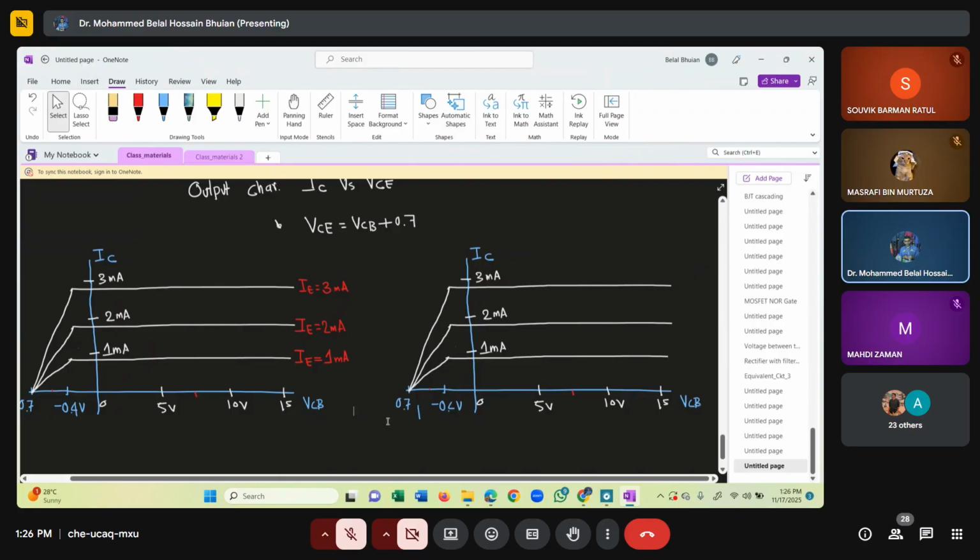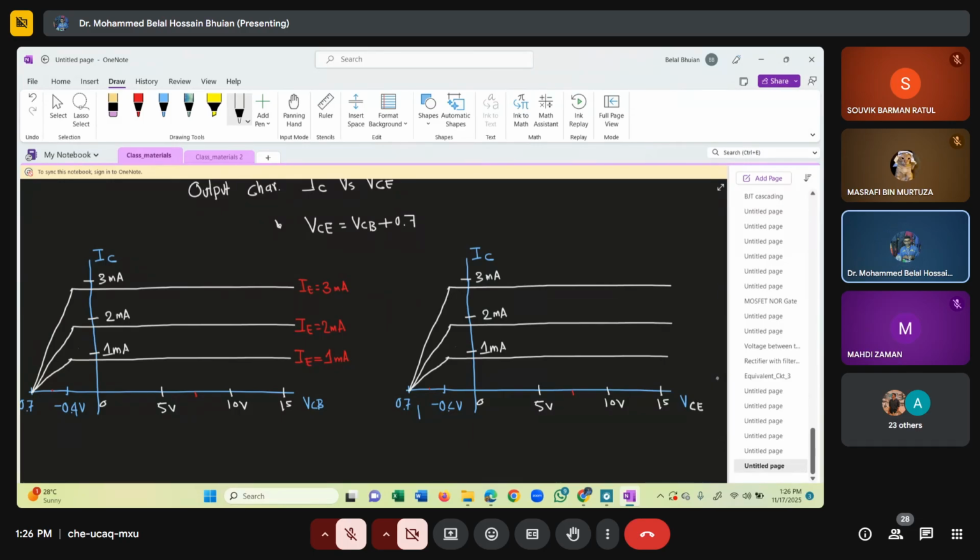Now notice, on the left hand side it is IC versus VCB. The right hand side, we have IC versus VCE. I want to transform this curve to IC versus VCE. What should I do? I'm going to operate on the x-axis.